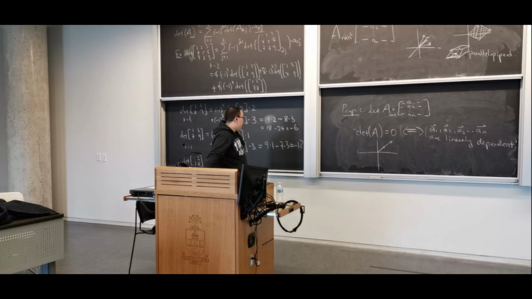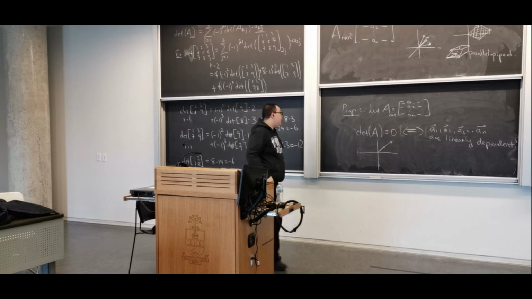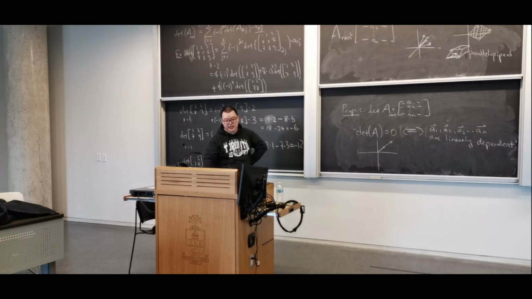Like the determinant of the identity matrix is just 1. The determinant of the transpose is the same. The determinant of the inverse is just 1 over the determinant. The determinant of AB is just the determinant of A times the determinant of B. So I do not know if there's anything about determinants that is not readily available on the internet.